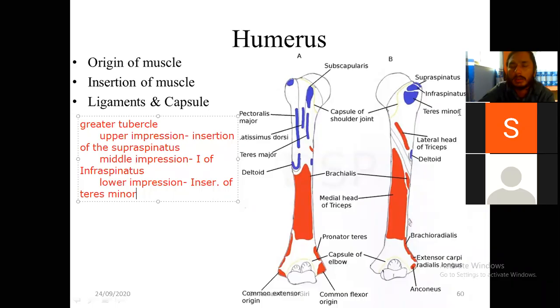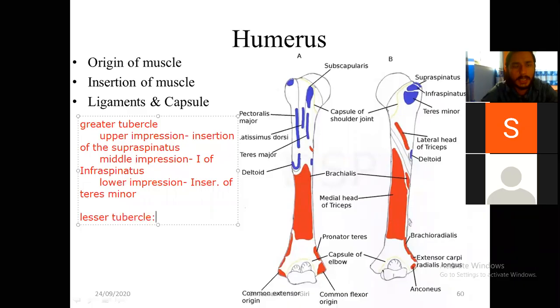The origin lies in the dorsal aspect of the lateral border in the upper two-thirds by the help of two slips, isn't it? So in the scapula we have read the teres minor also. Origin was there, but insertion is in the humerus. Then let's go for the lesser tubercle.